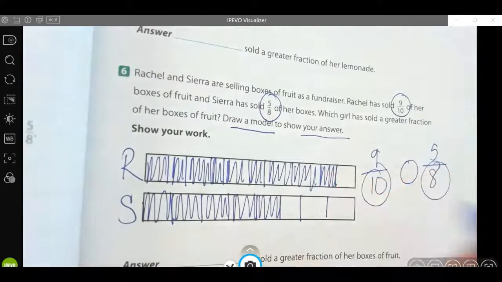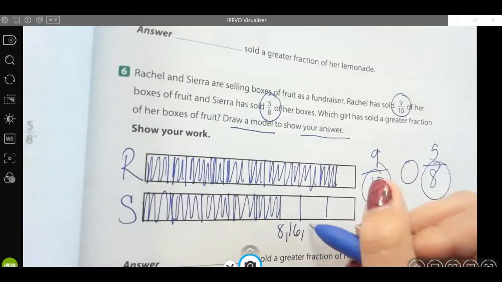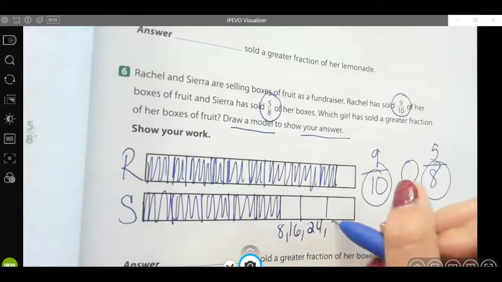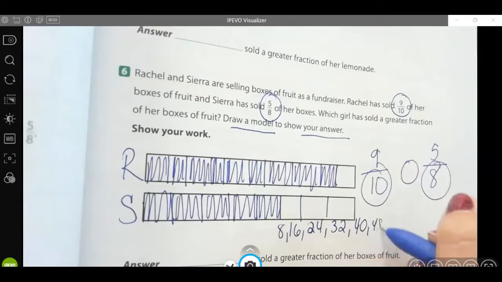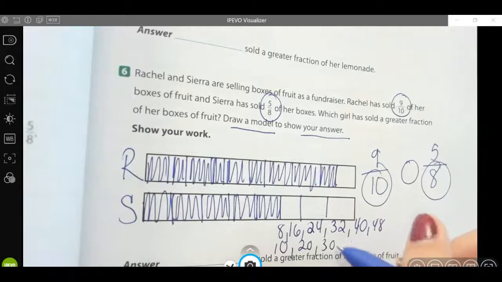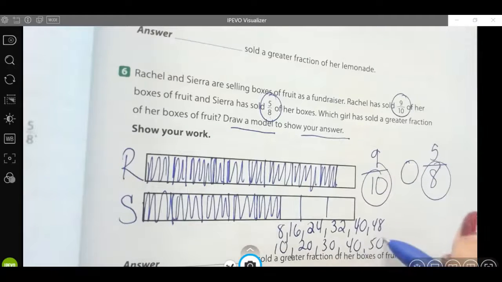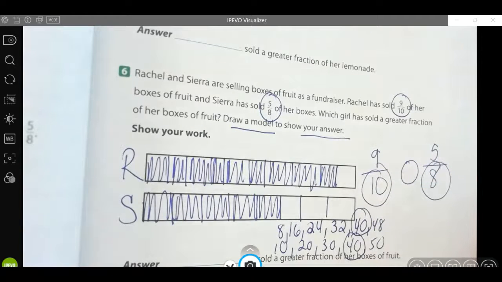So if we skip count by 8, we have 8, 16, what comes next? 24, 32, 40, 48. Let's count by 10. 10, 20, 30, 40. What's our least common multiple? 40.